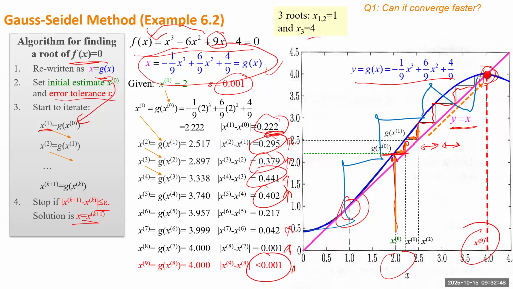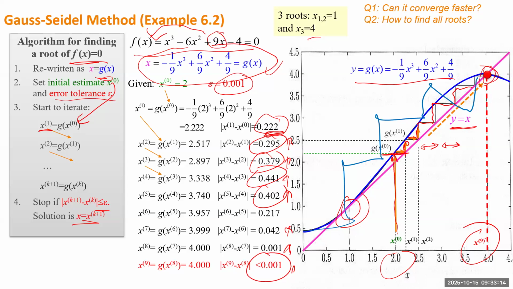So we can ask a number of questions. The first is, can we converge to the root faster? Because for this case, it takes 9 iterations to decrease the difference to the error tolerance. What if we want to reduce the iterations? The second question is, how can we find all the roots?